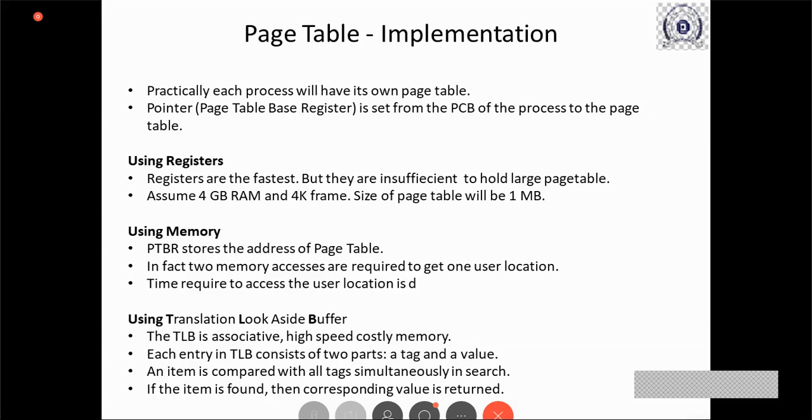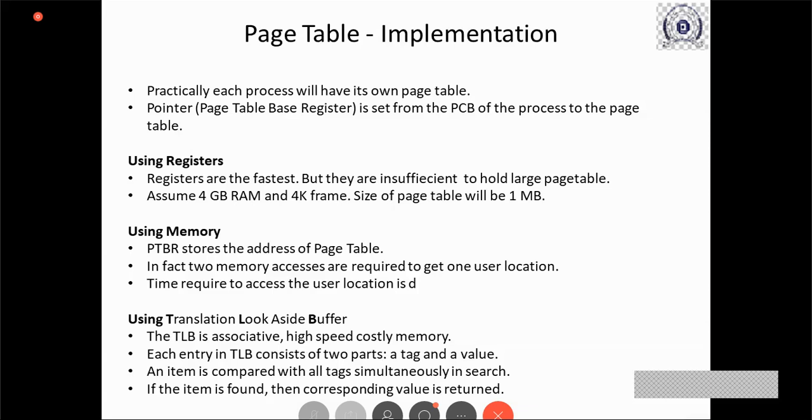So obviously we'll go for the main memory to store the page table. With main memory, we will have enough space to store the page table, but the problem is, we need two memory accesses to fetch one instruction.